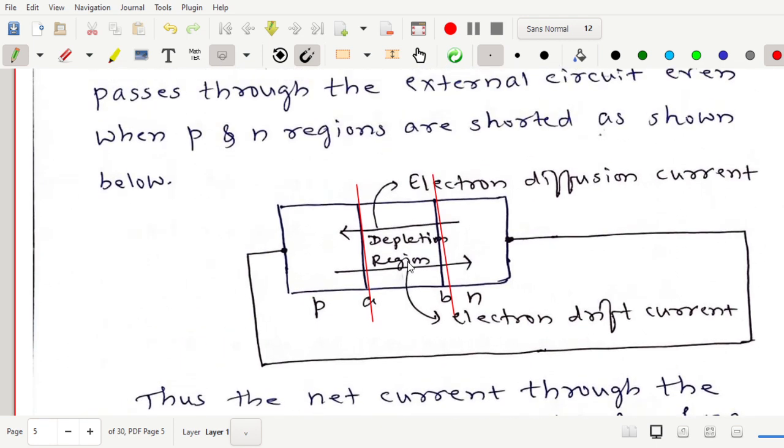Here A indicates the boundary of the depletion region, and here B also indicates the boundary of the depletion region. Okay, so this is the diagram.